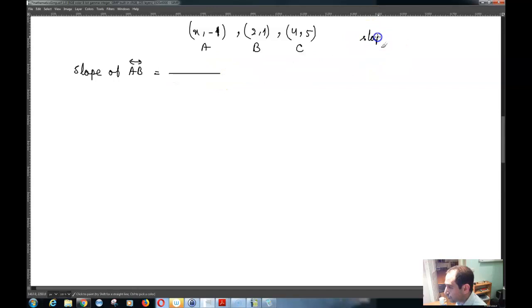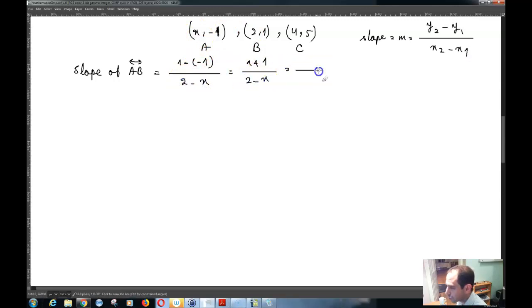Basically the slope, which we called M, is equal to y2 minus y1 over x2 minus x1. So for example, I can write 1 minus negative 1 over 2 minus x, which is the same thing as 1 plus 1 over 2 minus x, which is equal to 2 over 2 minus x. This is the slope of the line AB.